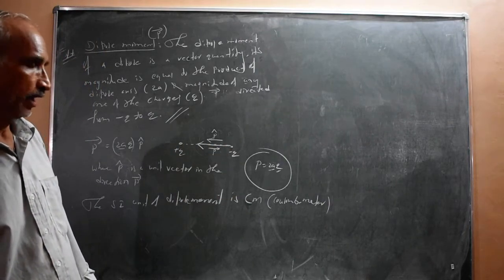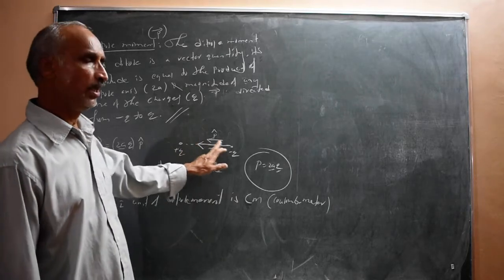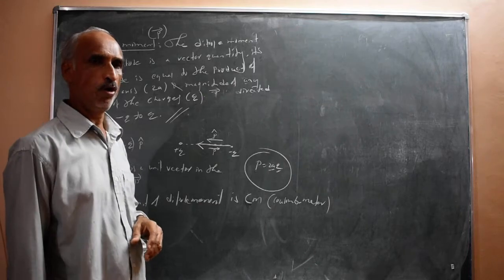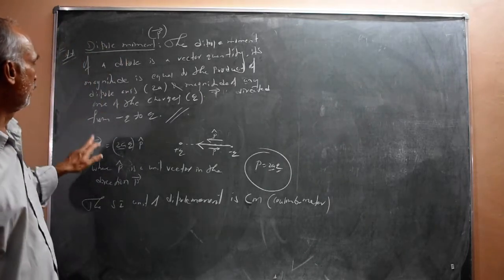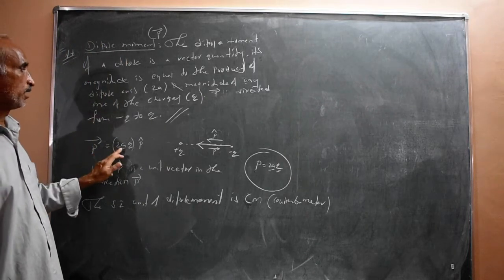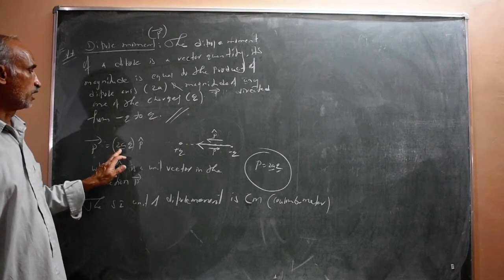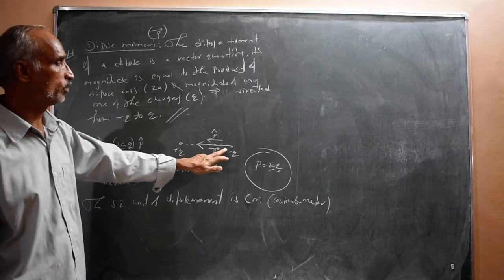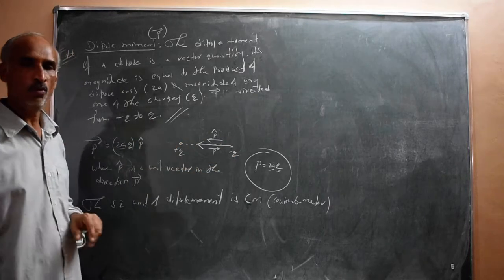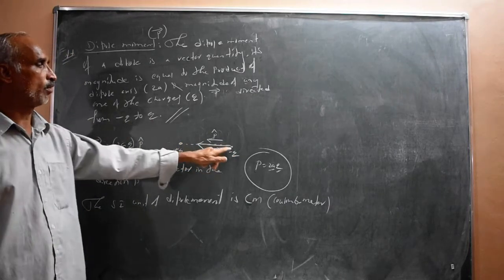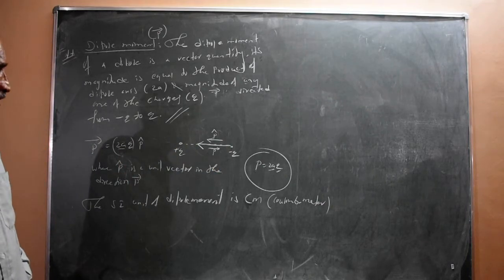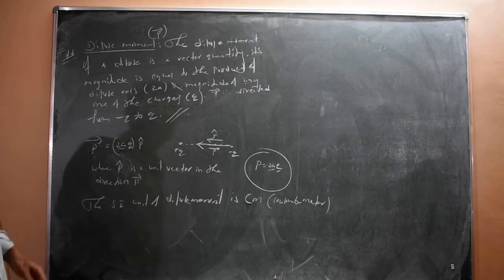Therefore, the axis of the dipole is 2a, and every dipole has an associated physical quantity, that is the dipole moment. The dipole moment is denoted by p bar. P bar is defined by its magnitude 2a into q and p cap, where p cap is a unit vector in the direction from minus q to plus q. Therefore, p bar is in the direction from minus q to plus q.